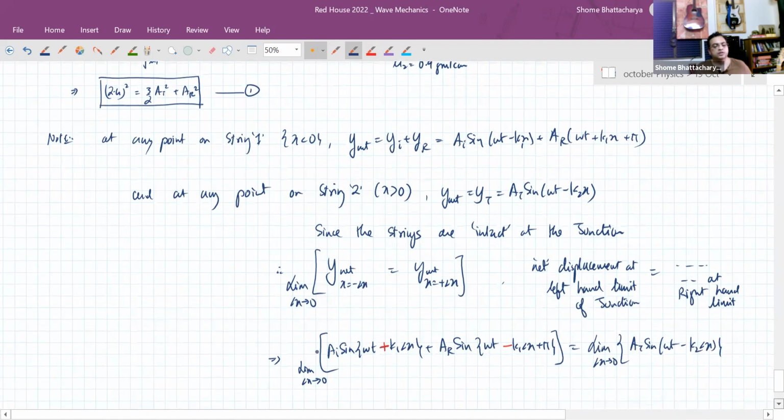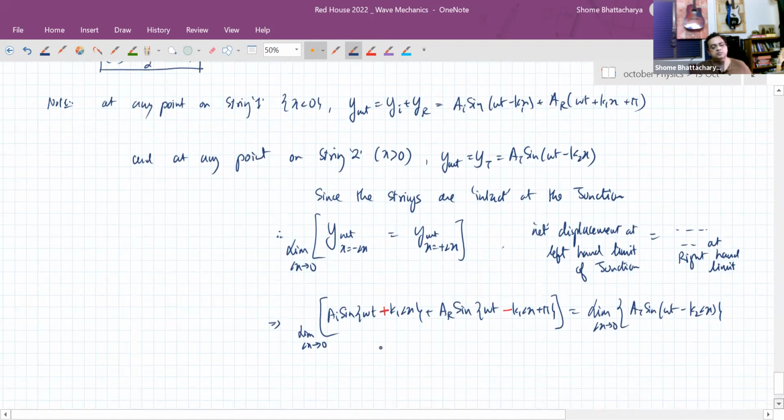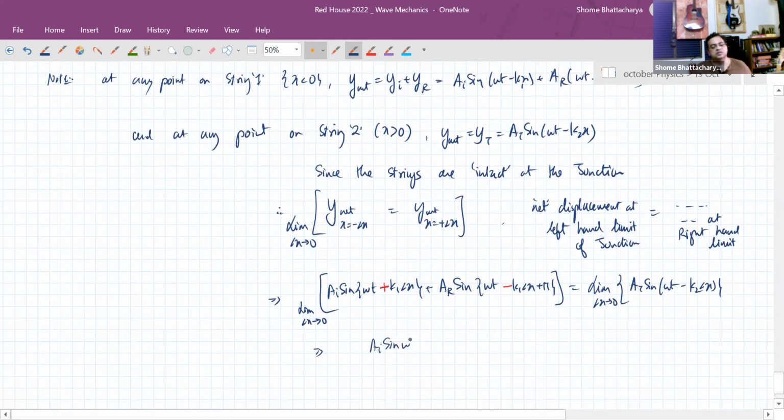So this equation now tells us that A incident sine omega t plus A reflected sine omega t plus pi is equal to A transmitted sine omega t. When you put the limits, this gives us that A incident minus A reflected is equal to A transmitted, or A incident is equal to A reflected plus A transmitted.